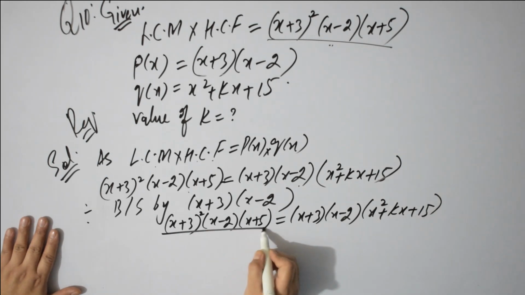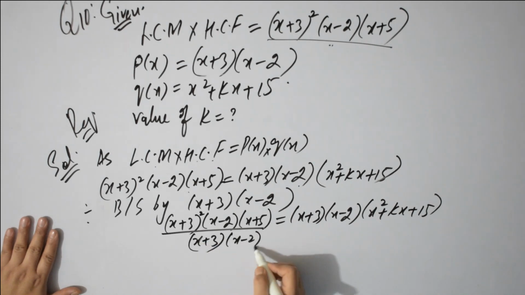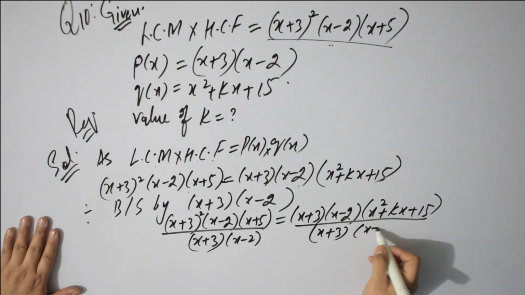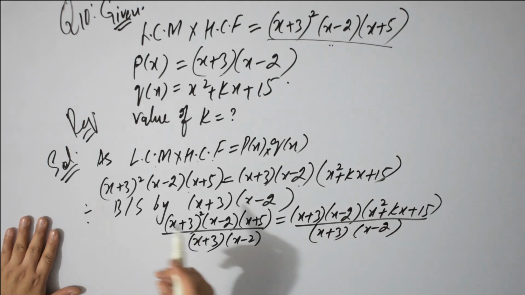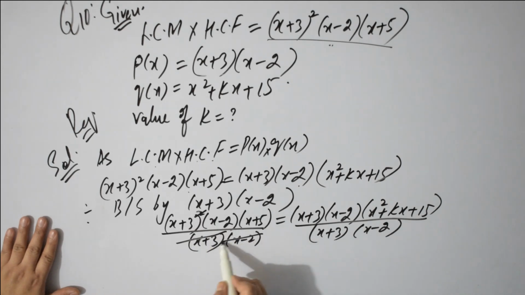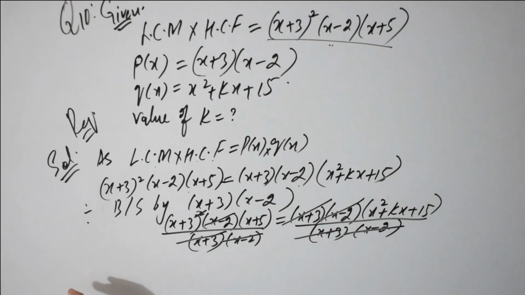Look students, here in the denominator I have written these two factors, x plus 3 and x minus 2. Now they will cancel with each other. What is left?